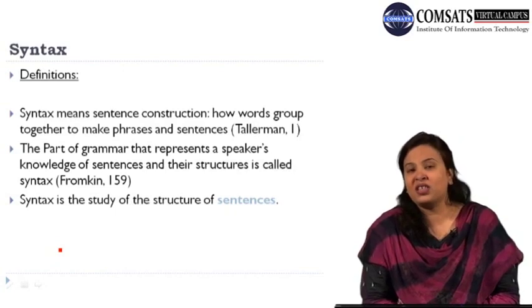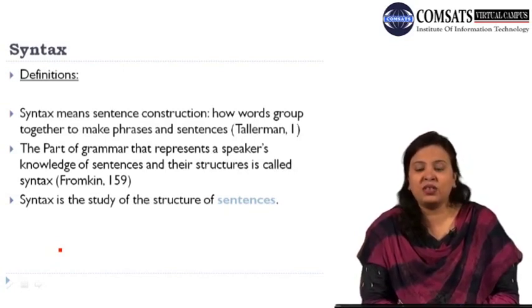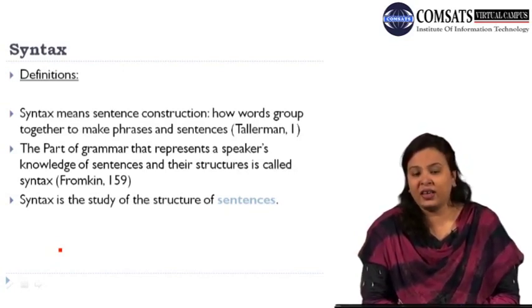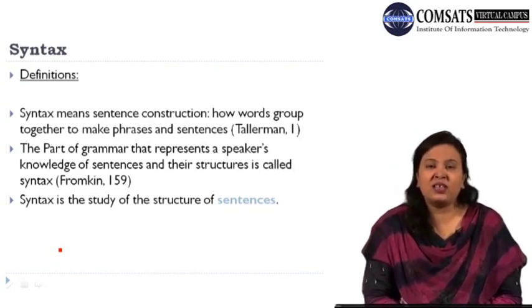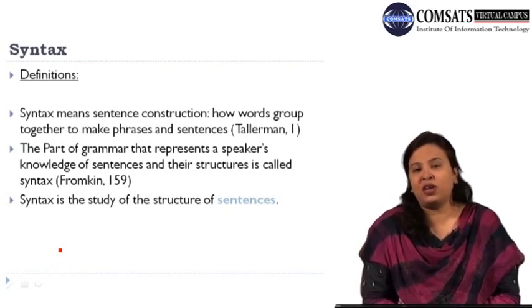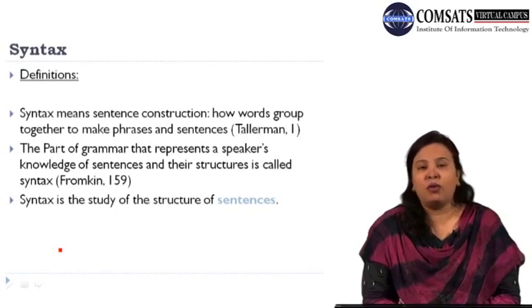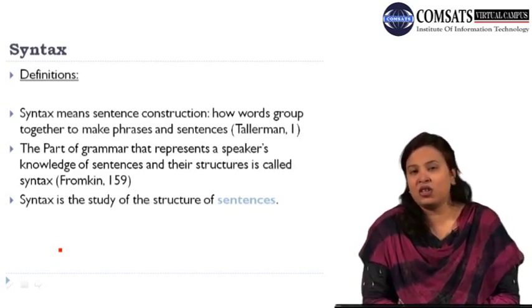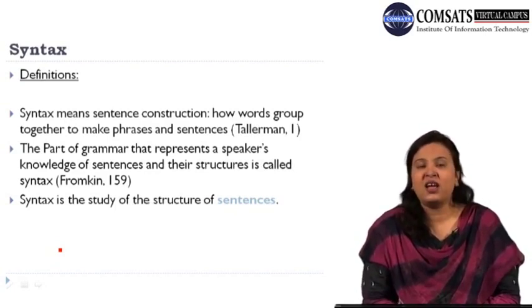Within sentences there are words and phrases, so this is the way words group together to make phrases and sentences. Words at the initial level are combined to create phrases, at the next level the phrases form clauses, and lastly these clauses make sentences. Thus syntax is all about the study of word arrangement in the form of phrases, clauses and sentences.